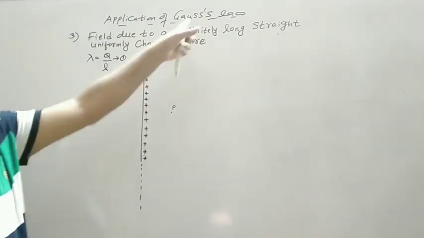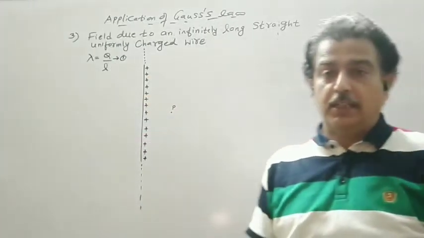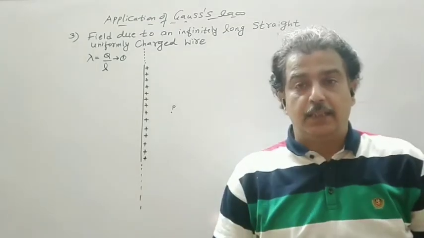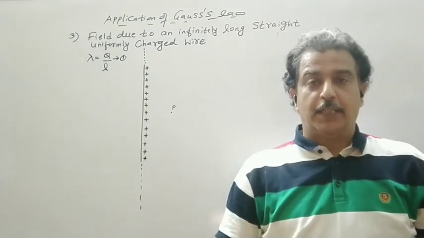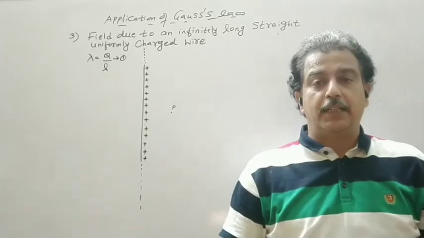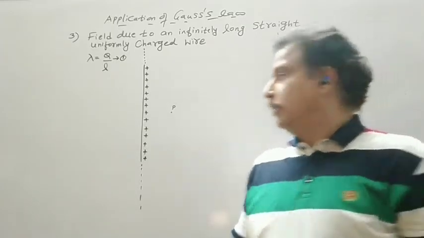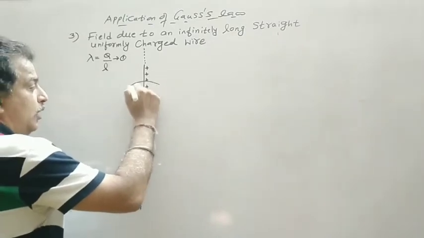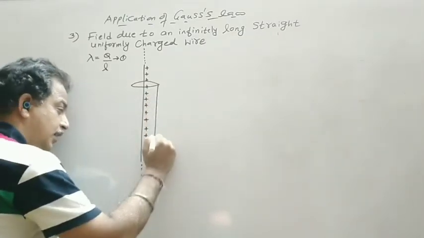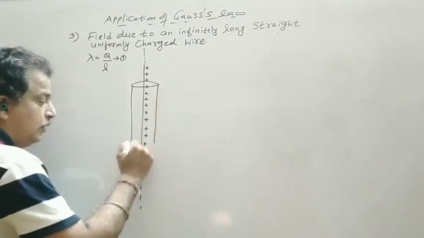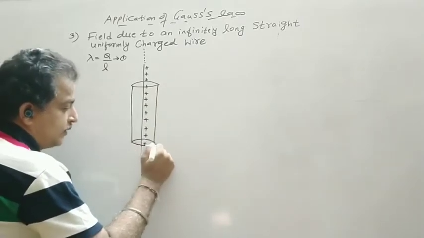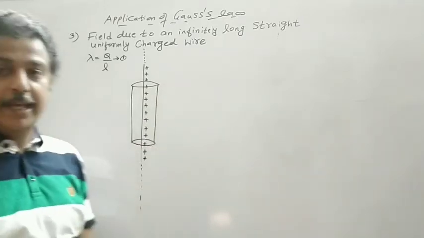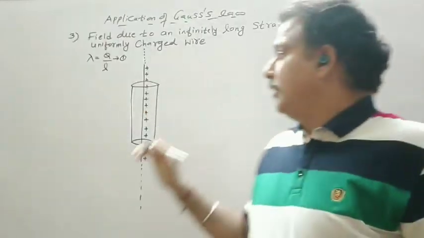Now in order to apply the Gauss law, first we have to imagine a Gaussian surface. And the Gaussian surface should be such that it encloses the charge. So let us assume first a Gaussian surface. Now again, the Gaussian surface is assumed to be a cylinder.